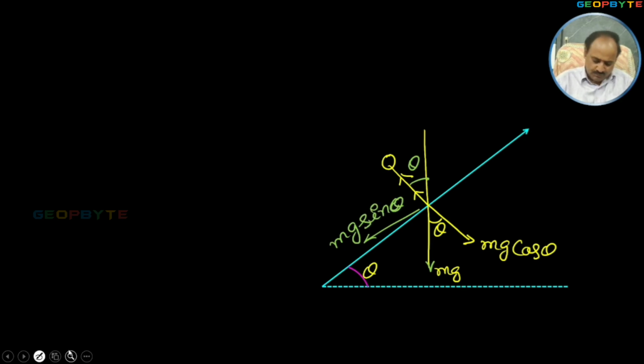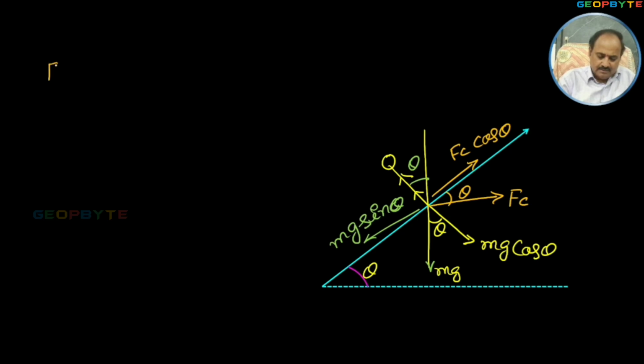And look at the centripetal force. This is the centripetal force Fc, which is making an angle theta, developing two components. This is Fc cos theta. Now for avoiding the skid, the centripetal force into cos theta must be balanced by mg sin theta.